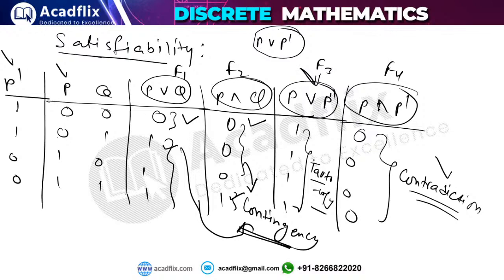This formula F3 is called a tautology, because it is always true. This formula F4 is called a contradiction, because it is always false. So if I give you a formula, then you can answer whether it is a contradiction, contingency, or tautology.